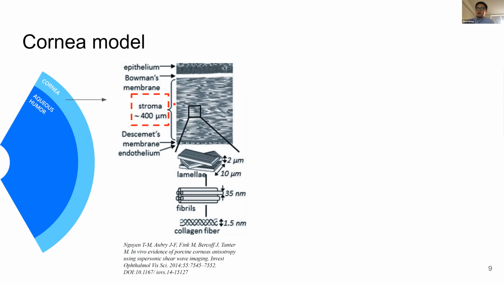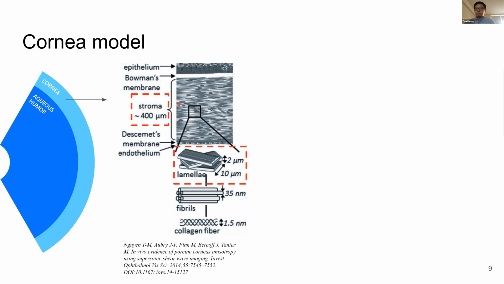So we can assume that the mechanical behavior of the cornea is dictated by the stroma layer. And we also know that about 78% of the cornea consists of water, so we can assume that the cornea is nearly incompressible.